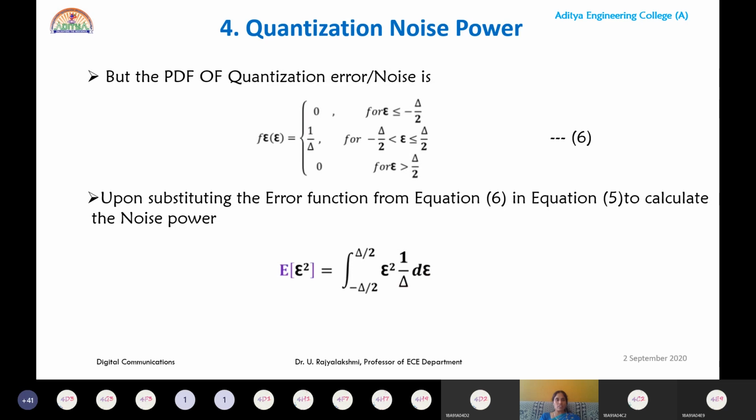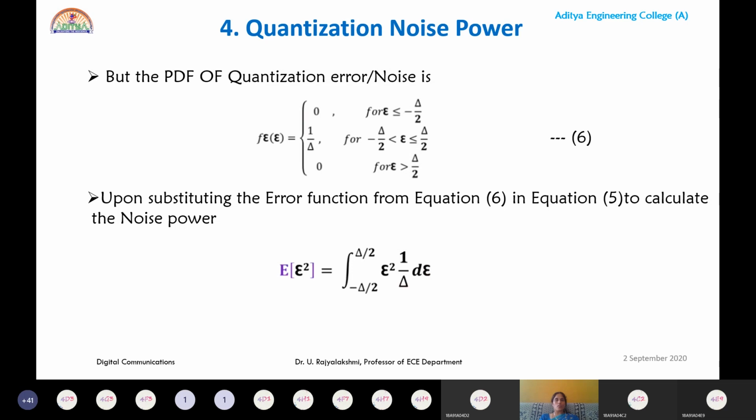So take the integration within the limit from minus delta by 2 to plus delta by 2. Please substitute Fe of E from equation 6 in the mean square value equation. You will get expectation of E square equals the integral from minus delta by 2 to plus delta by 2 of E square into 1 by delta into dE.